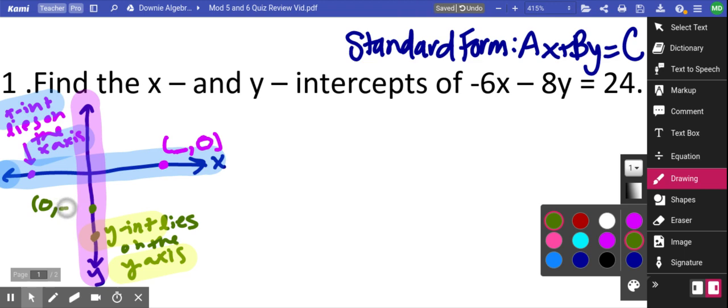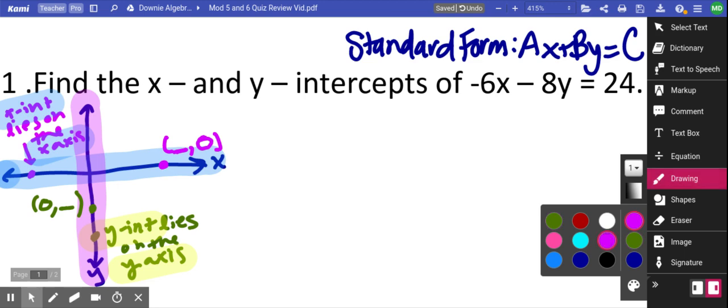And then I have to either go up or down. So this train of thought helps me solve for my x and y intercepts. It doesn't matter which one we solve for first, as long as we solve for both of them.